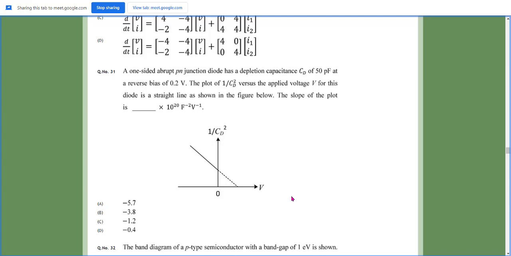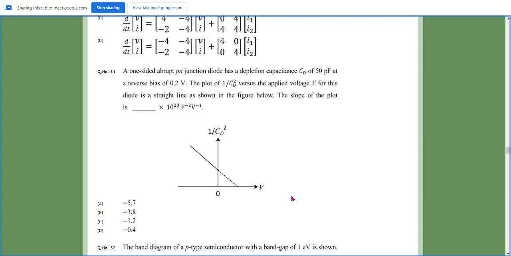You understood? I don't remember the formula, okay, I'm not a devices person, so I don't remember those things by heart, but I think CD is equal to something under root of Q, W, N, something. So using that formula you try to solve that.